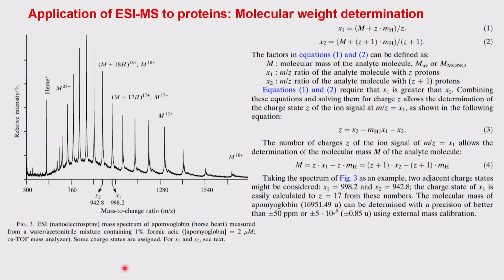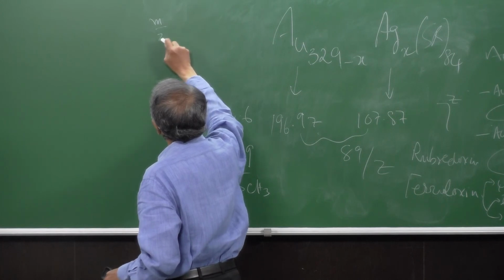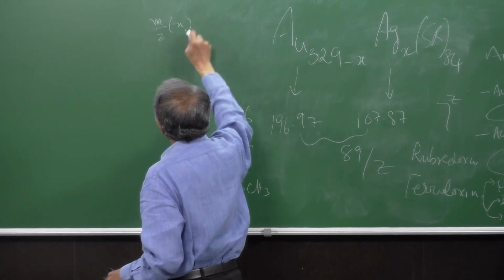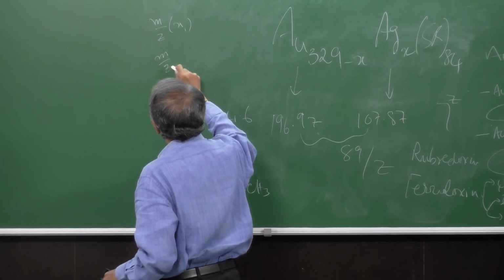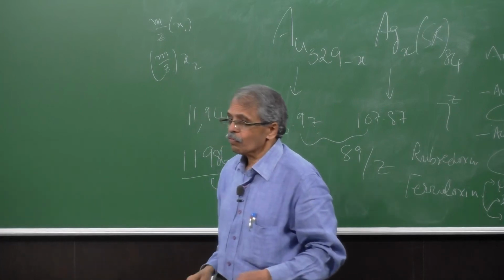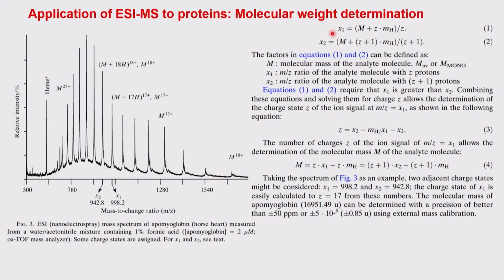Let me give one last piece of information on this: how one can identify the molecular mass from this distribution of peaks, let us say for example 13 plus, 14 plus, 15 plus, 16 plus, 17 plus, etc. You take two consecutive peaks, labeled here as x1 and x2. That gives the m/z for x1 and the m/z for x2. Then x is nothing but (M plus z times the proton mass) divided by z.